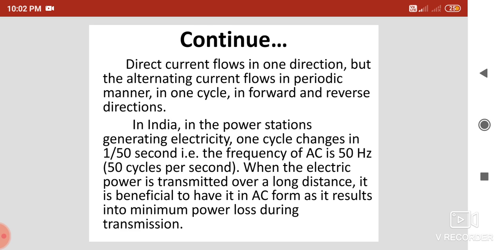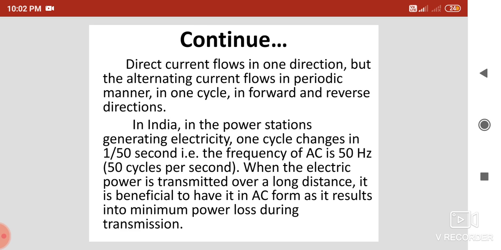It means the frequency of AC is 50 Hertz. The cycle shown on the AC graph is produced 50 times in 1 second, so it is called 50 Hertz.